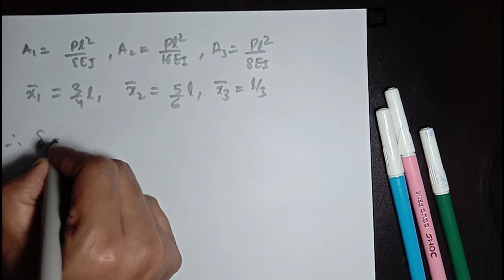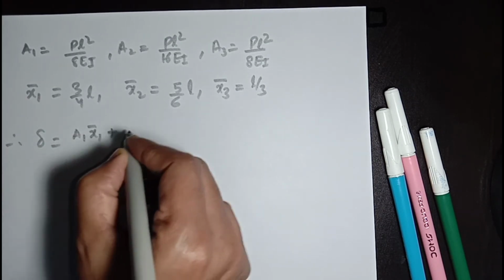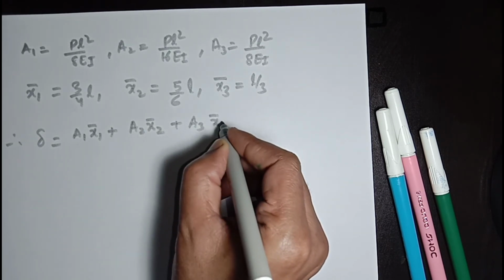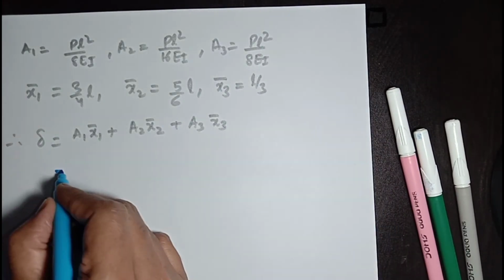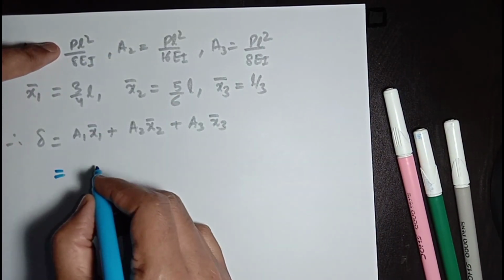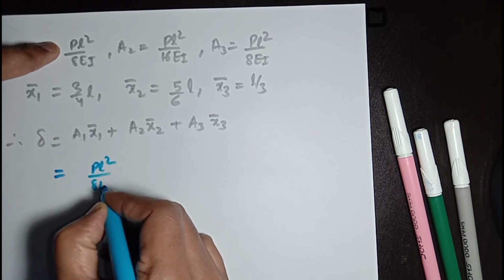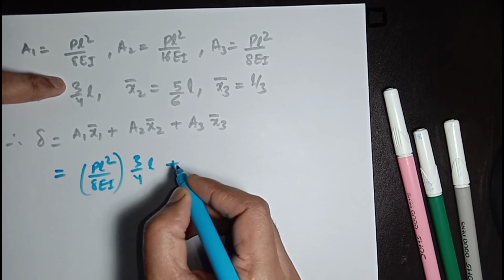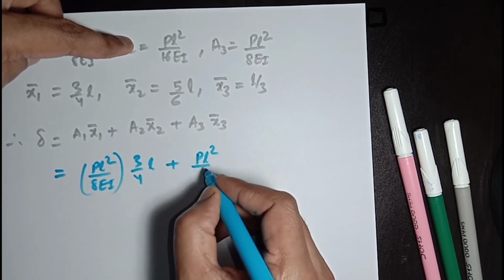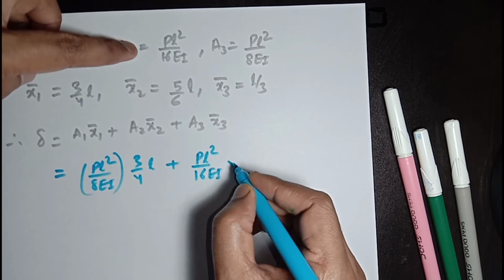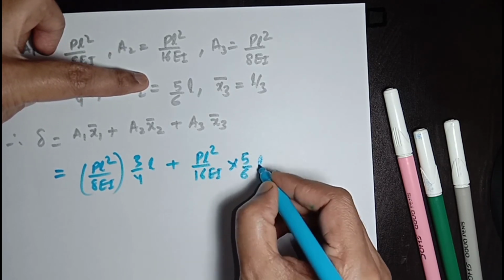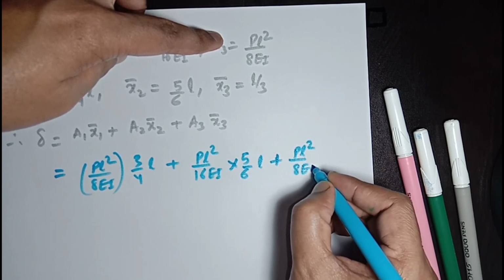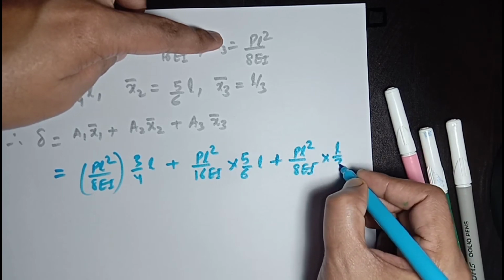So delta will be A1 x1 bar plus A2 x2 bar plus A3 x3 bar. Therefore, it will be PL square divided by 8EI multiplying 3 by 4 L, plus PL square divided by 16EI multiplying 5 by 6 L, plus PL square divided by 8EI multiplying L by 3.